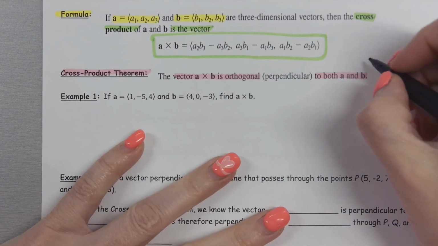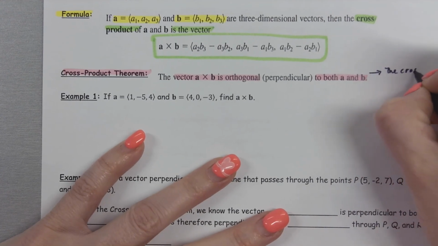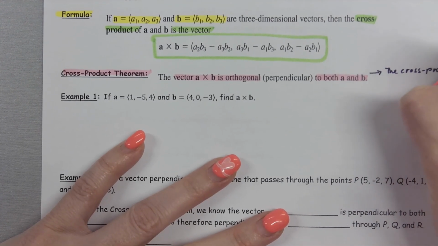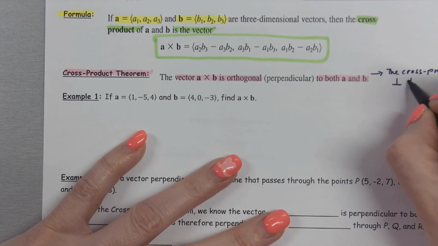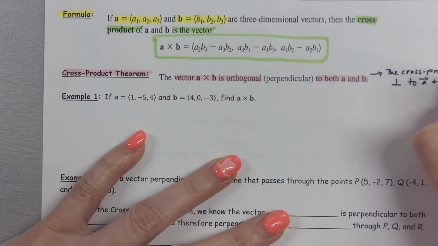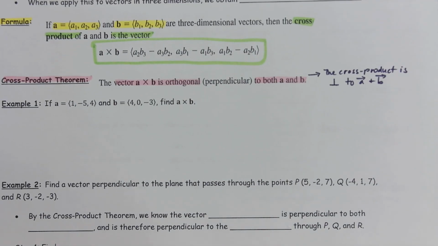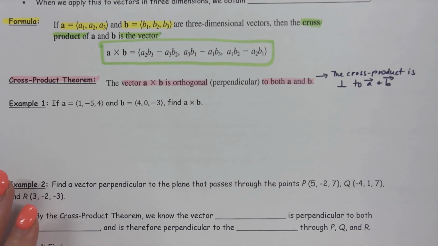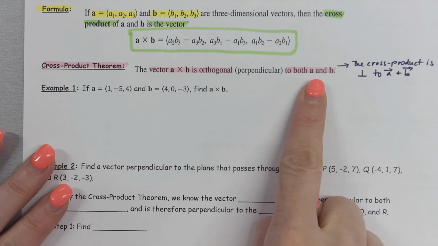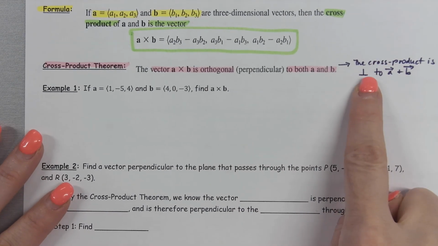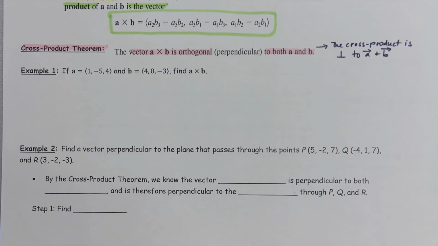So this theorem is just saying that the cross product is perpendicular to both of these vectors. We're going to use that in several of our problems today. So the cross product vector is perpendicular to both vector A and B.